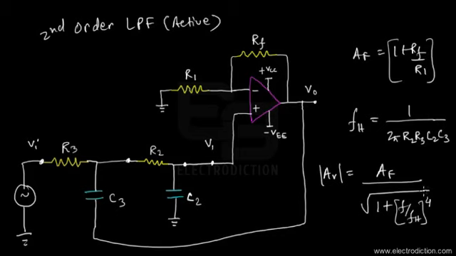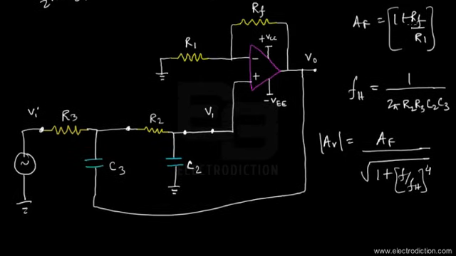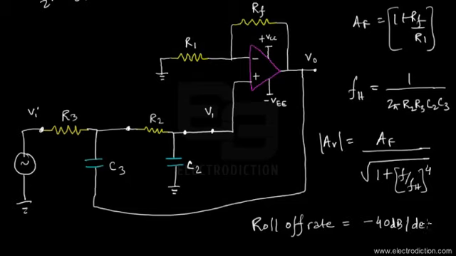So you can see that the power of this expression increases by 2 times. This is how the expression changes a bit, and its frequency response characteristic would have a roll-off rate of about minus 40 decibels per decade, which is double that of the first order filter.